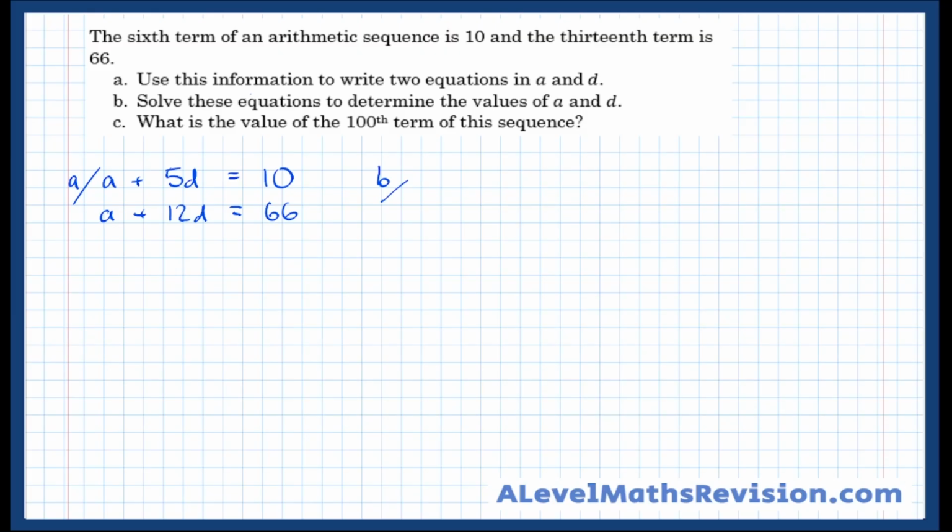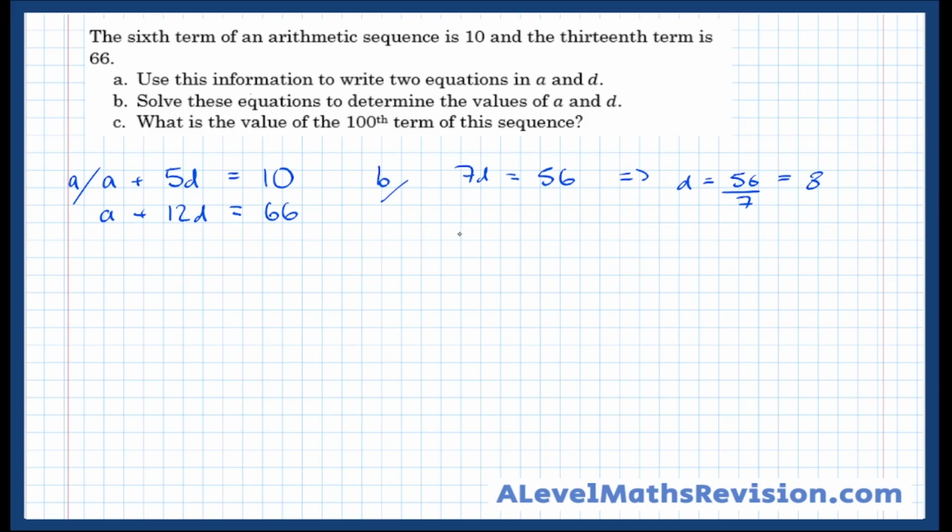So part B, solve these equations to determine the values of A and D. So if I subtract the equations from each other, do bottom take top, I end up with 7D equals 56. Bottom take top gives me 7D equals 56, which means that D equals 56 over 7, which is 8.